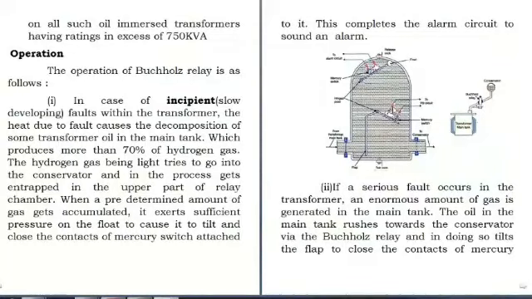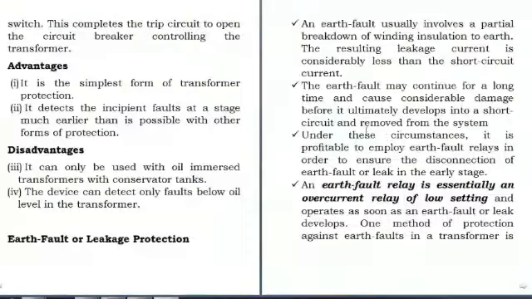That's why the contactors get closed. This is the fundamental concept. This completes the circuit to open the circuit breaker controlling the transformer. This working principle is very simple, so that we can easily protect the transformer.